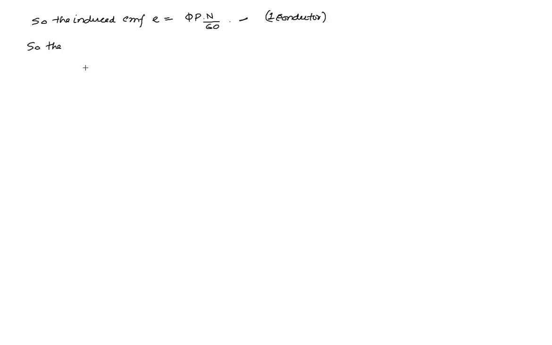So the EMF induced for Z conductors is the total E, or you can say capital E, is equal to Z into phi P N whole divided by 60, because there are Z conductors now. Z is the total number of conductors in an armature.